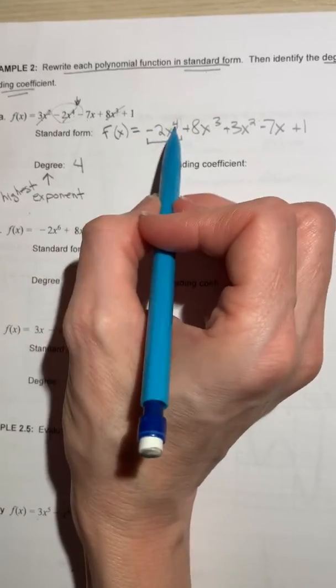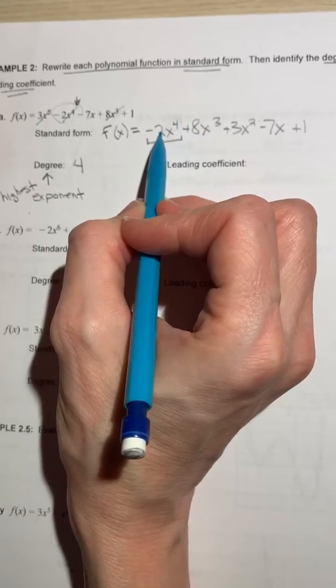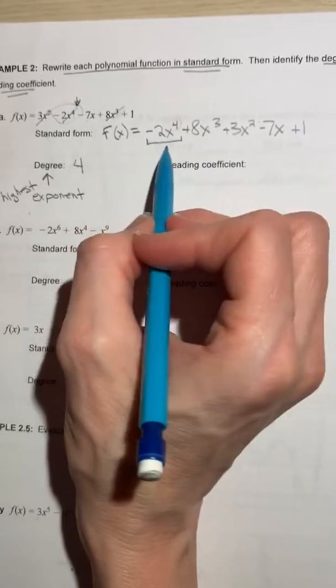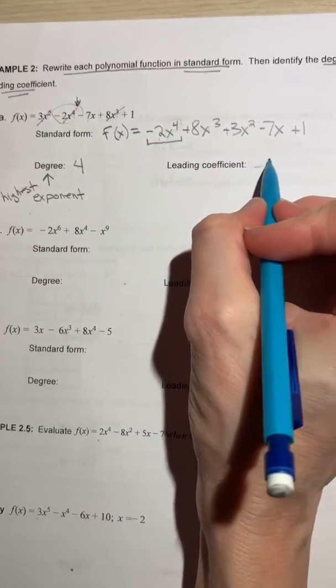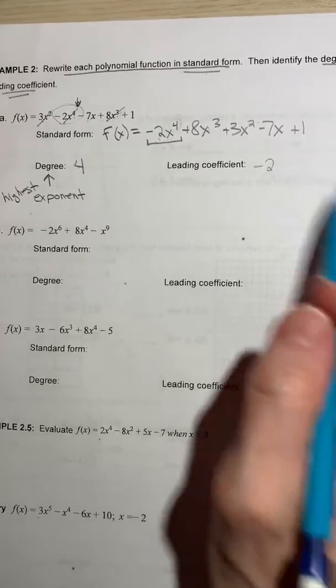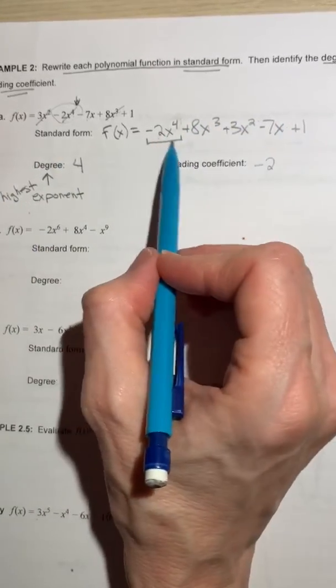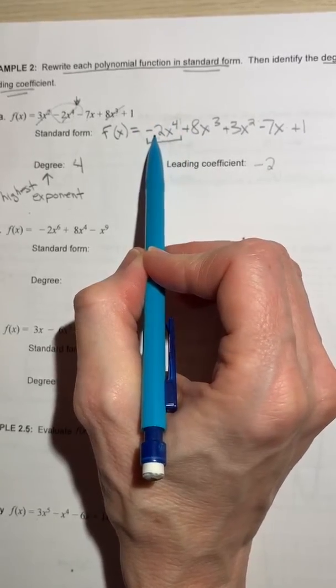And then the coefficient that's multiplied by that variable with the highest degree is my leading coefficient. Once it's in standard form, your leading coefficient is the first number you come to. So that's negative 2. So put it in standard form, biggest exponent first, then go to your first term. There's your degree, there's your leading coefficient.